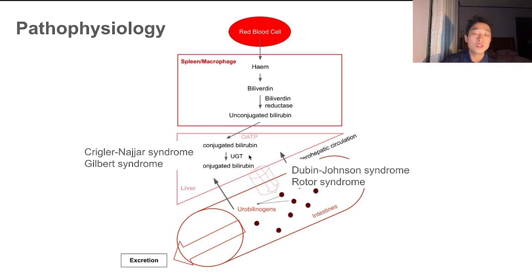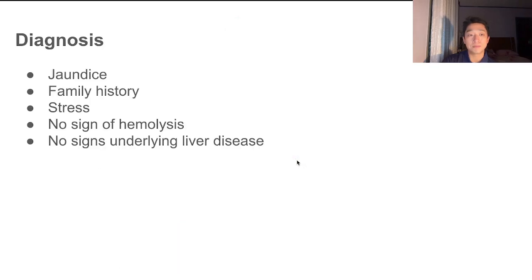Dubin-Johnson syndrome is about the excretion of the conjugated bilirubin, which will not be possible. And Rotor syndrome is a defect in the enterohepatic circulation that reabsorbs the conjugated bilirubin. Okay, that's how we differentiate these conditions.